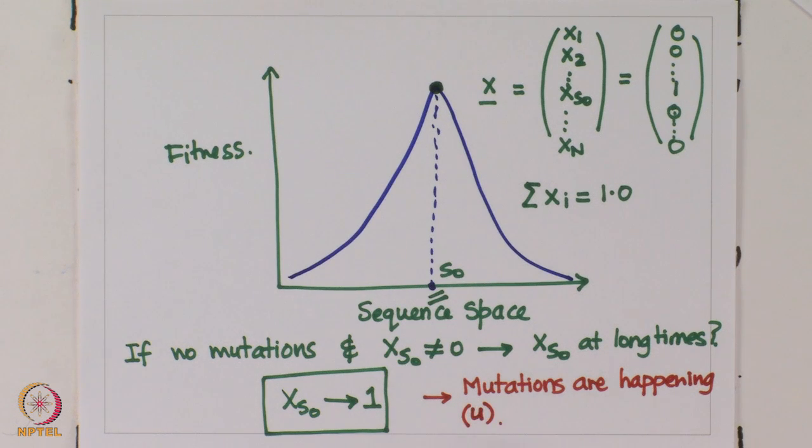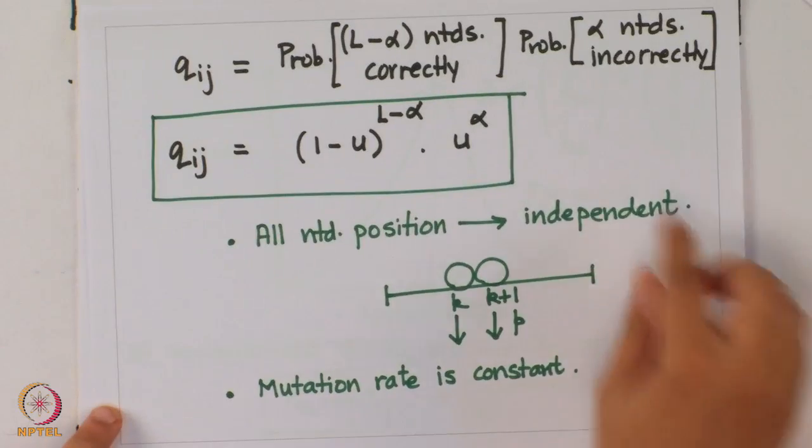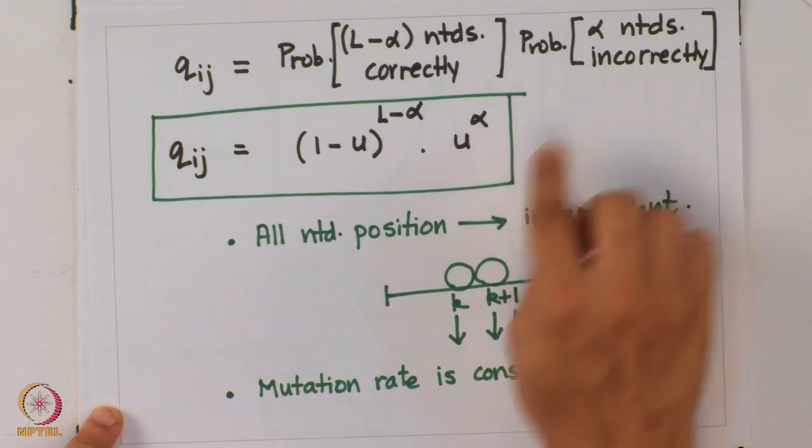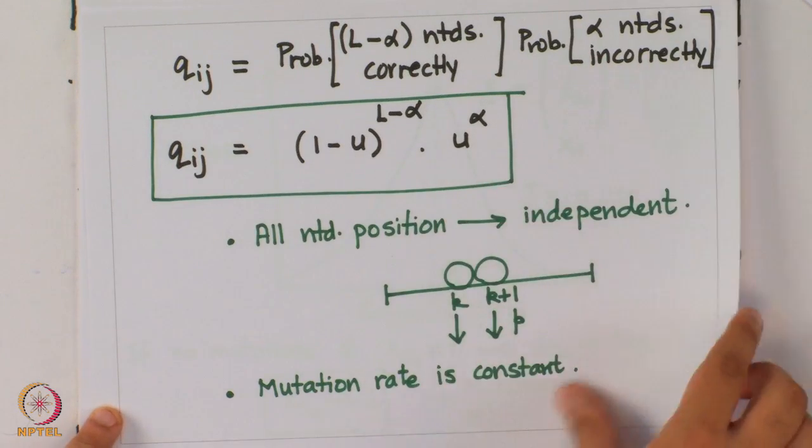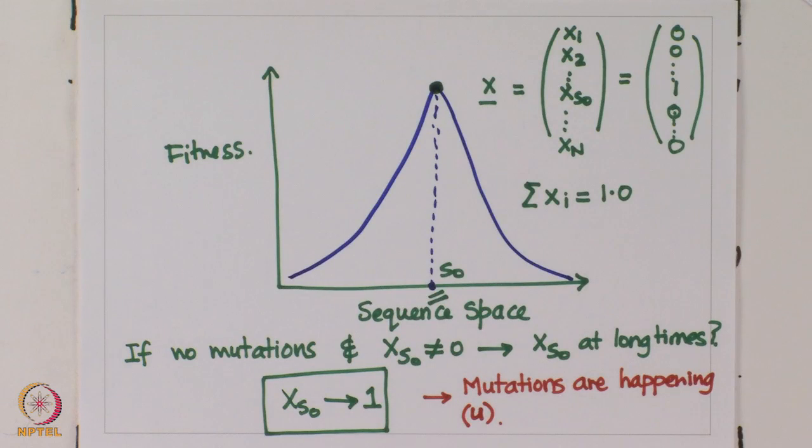Okay. This is the same u that we had defined in the last slide, that probability that a nucleotide is copied incorrectly is u. Okay. So, now from a 0 mutation rate, we have moved to a non-zero mutation rate.